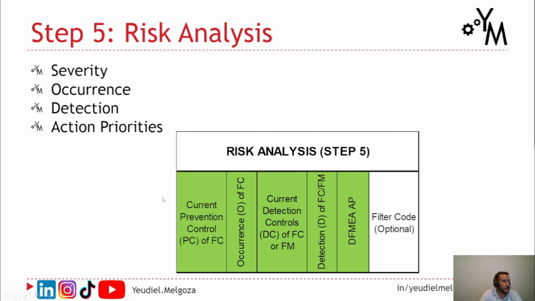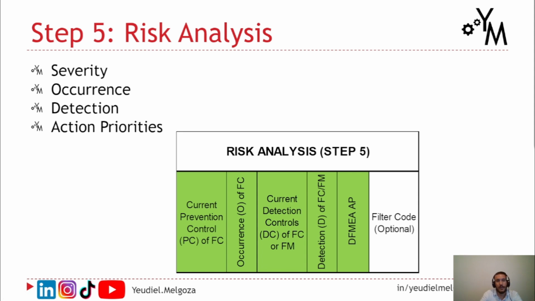In these columns, the first one is the current prevention control measures already in place to prevent the cause of the failure. So in this step is what we currently have. The column of the occurrence is a rating of how frequent the failure cause is expected to happen.